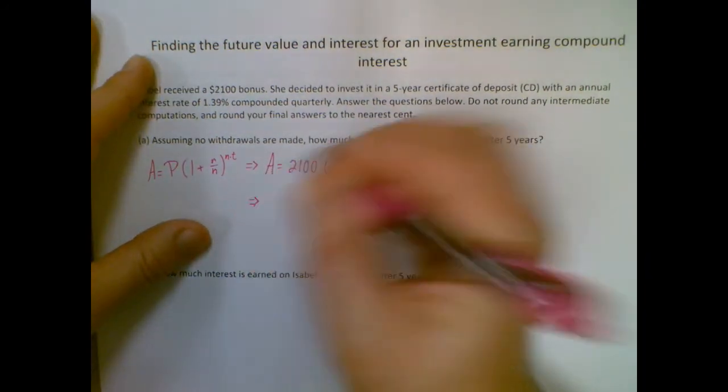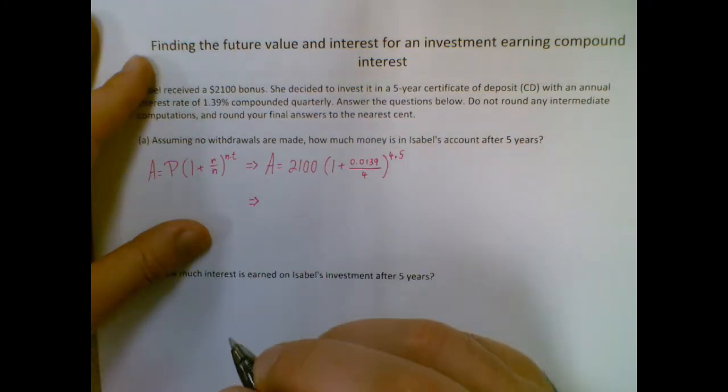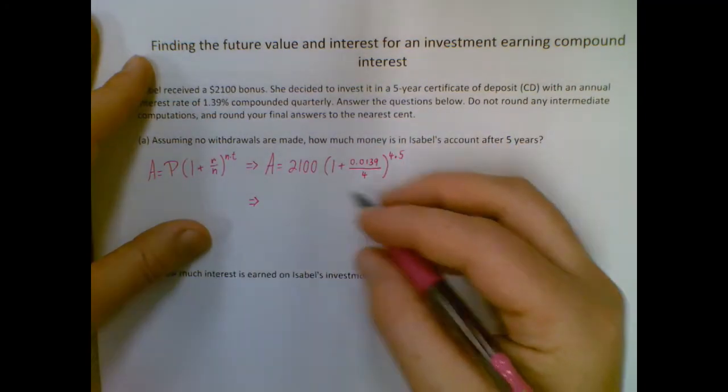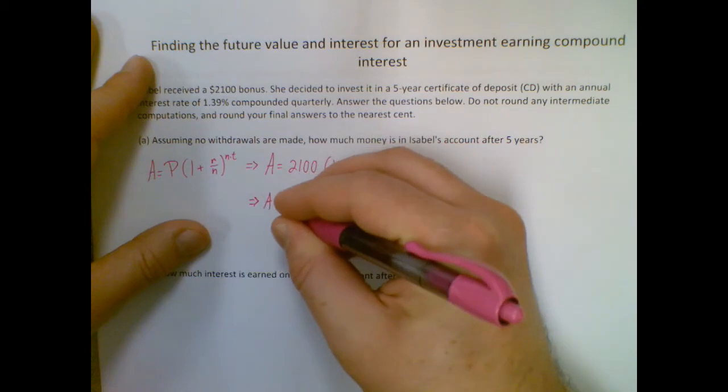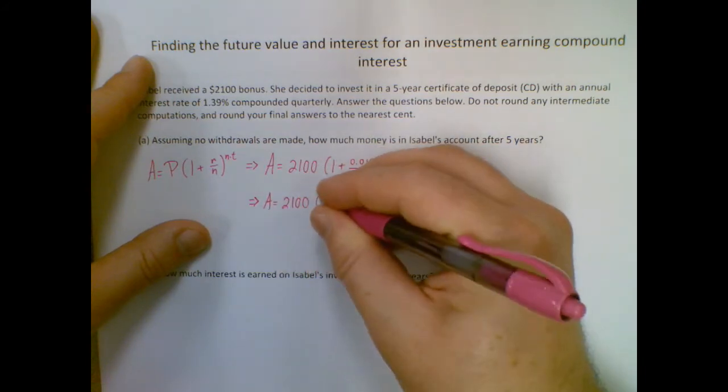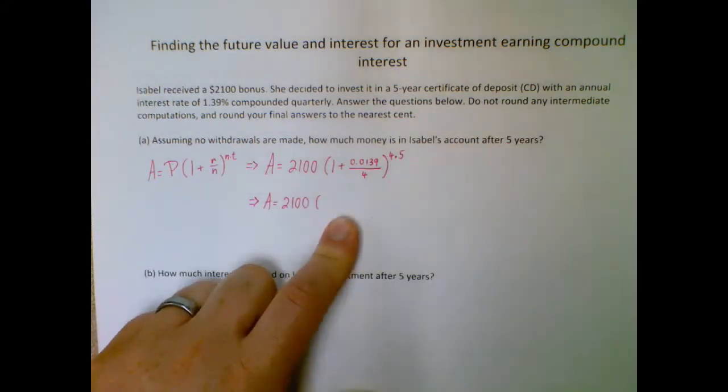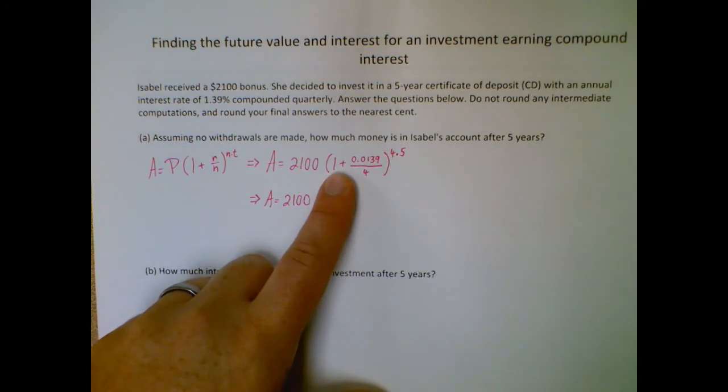So moving right along here. You can do a couple things right off the bat. I'm going to leave this alone. I want to clean up this inside part. So I'm going to do my division. 0.0139 divided by 4. And you can just add 1 really easily in this step.